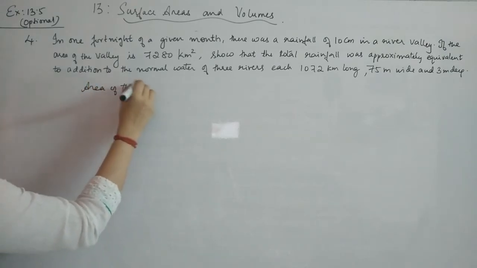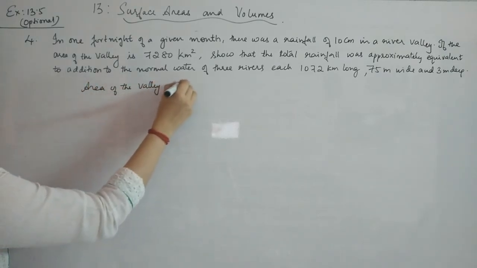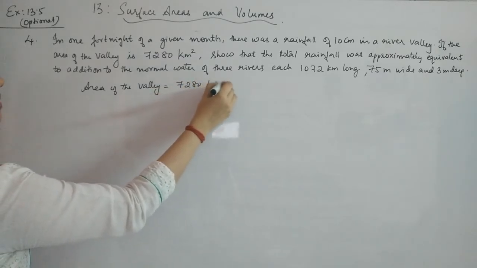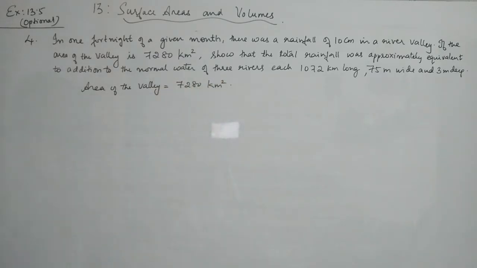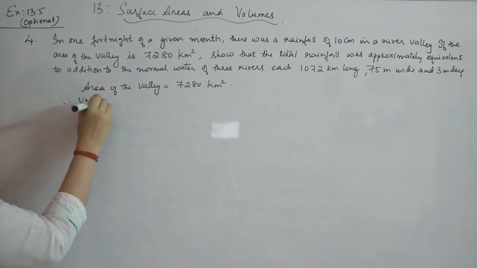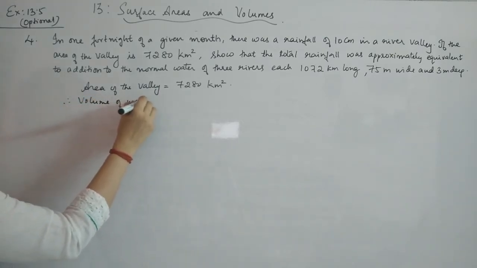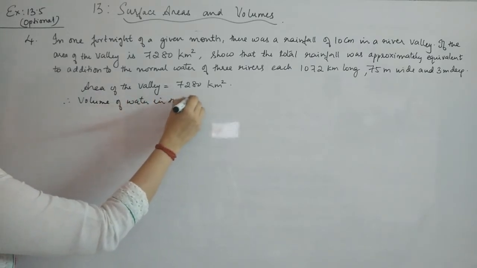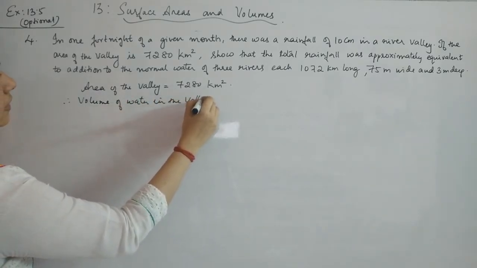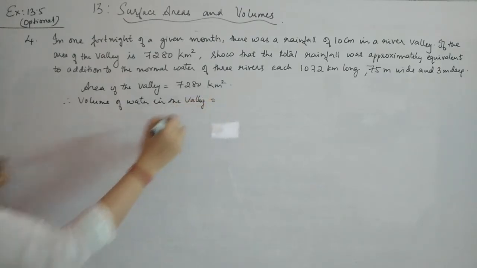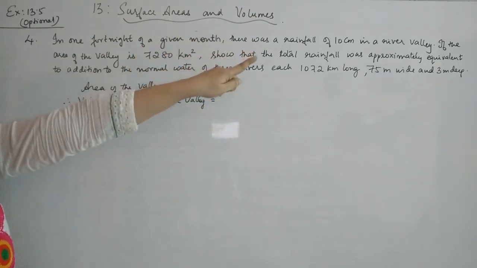Area of the valley is given to be 7280 km square. Now the rainfall of 10 centimeter gives you the height. So area into height will give you the total volume of the water in the valley. Therefore, volume of water in the valley will be equal to the area of the valley into 10 centimeter.